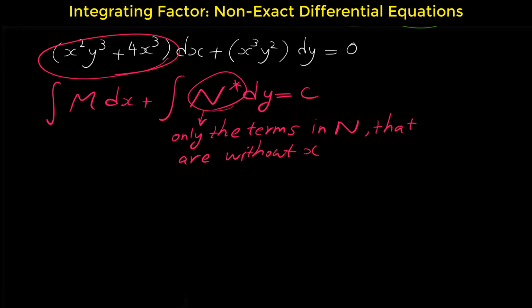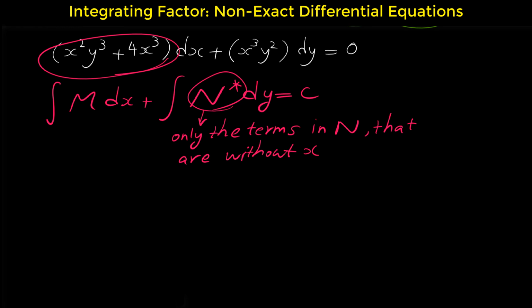In this example, we don't have anything for n star, so here we have nothing to put. It's actually 0. So we only have to integrate m with respect to x and set it equal to c, and then you can find the answer easily.